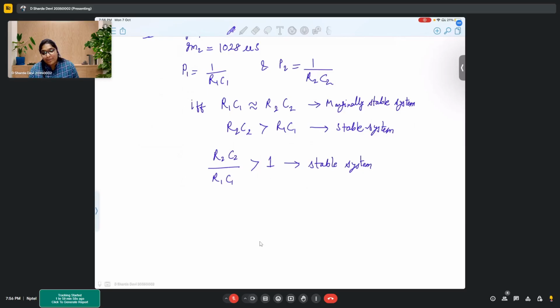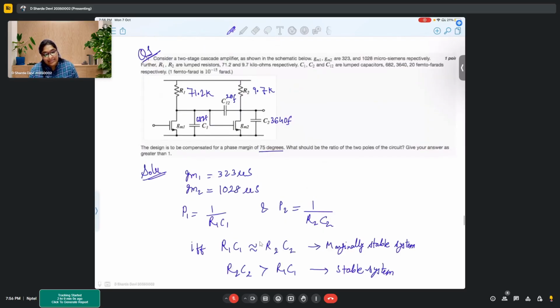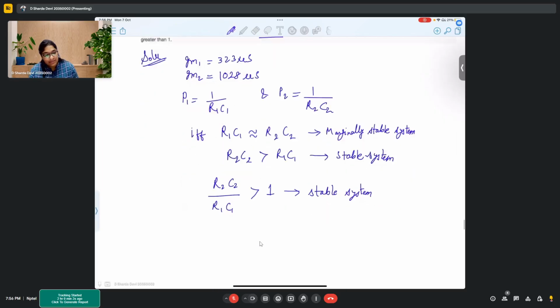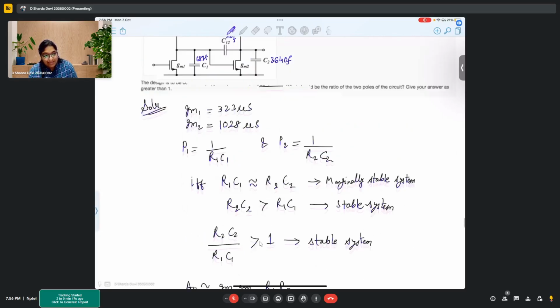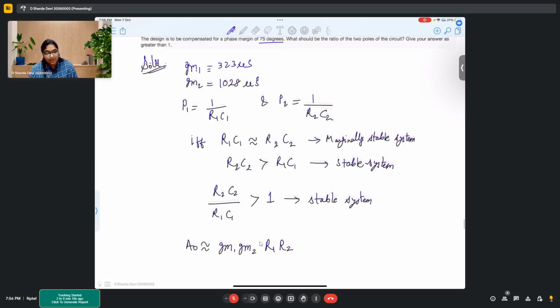Now, since this is a cascade system, the gain of a cascade system can also be denoted as gm1, gm2 into R1, R2. That is, the output resistance is coming from here.